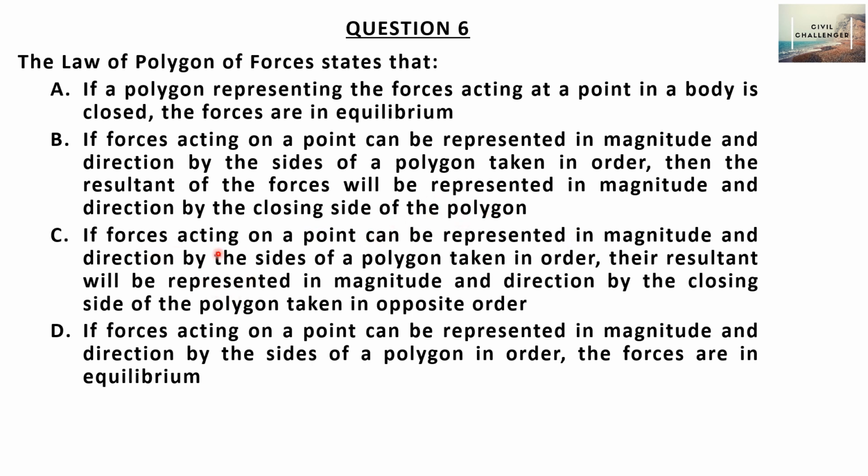Option C, if forces acting on a point can be represented in magnitude and direction by the sides of a polygon taken in order, the resultant will be represented in magnitude and direction by the closing side of the polygon taken in opposite order. Option D, if forces acting on a point can be represented in magnitude and direction by the sides of a polygon in order, the forces are in equilibrium.